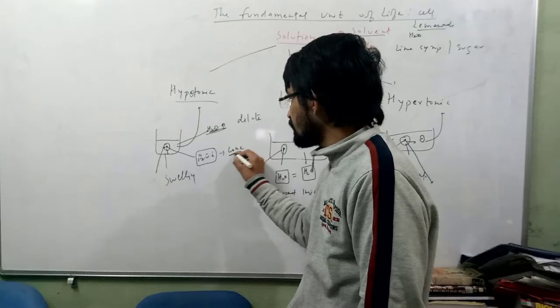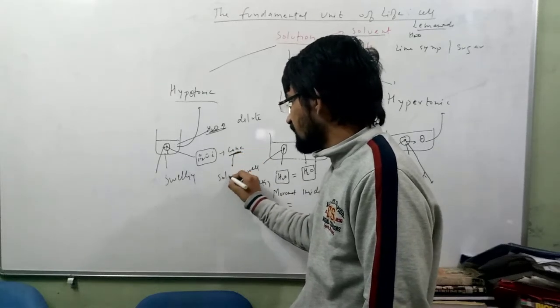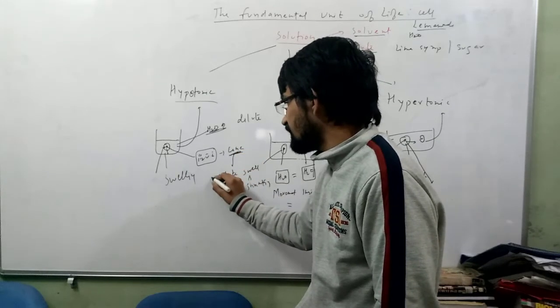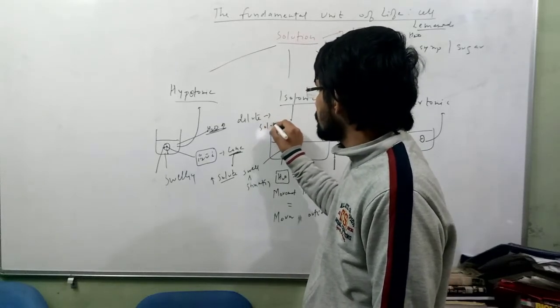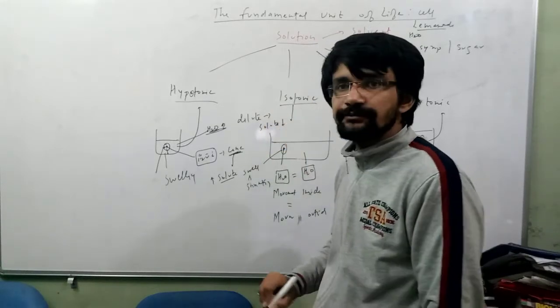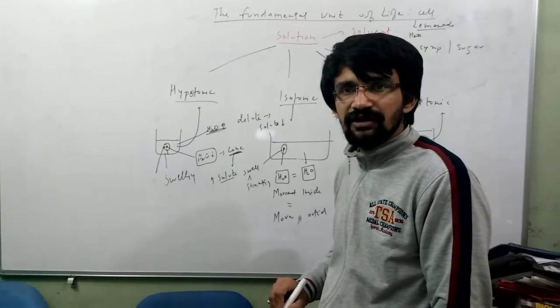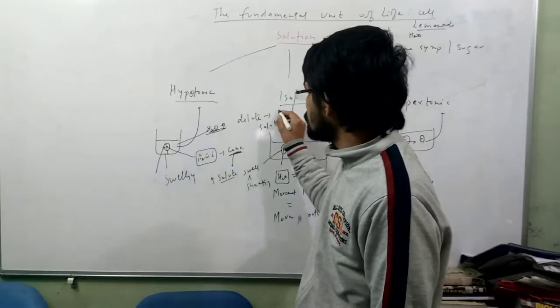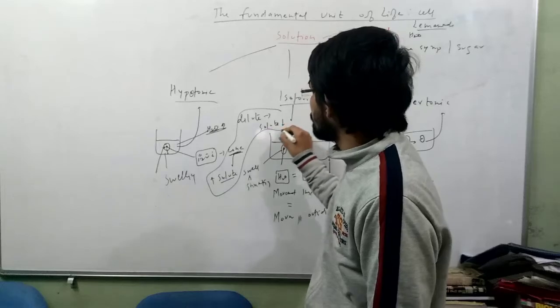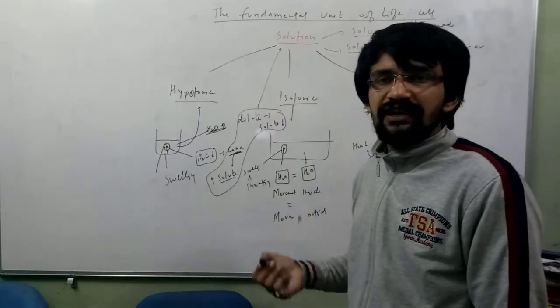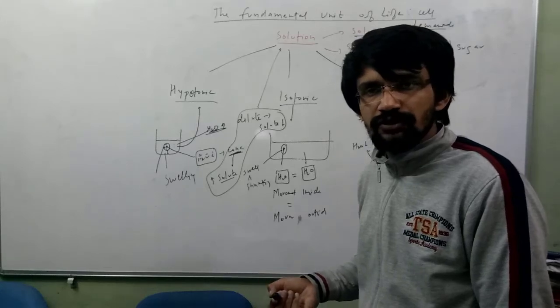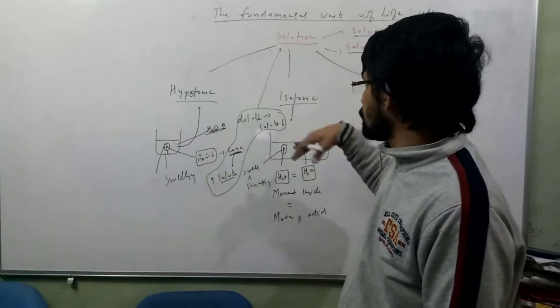Why is it concentrated? Because the amount of solute is higher inside and here the amount of solute is lesser. Is that clear, everyone? So this concept of solute you can also use while defining the solutions, while defining osmosis also. We can use both the concepts.